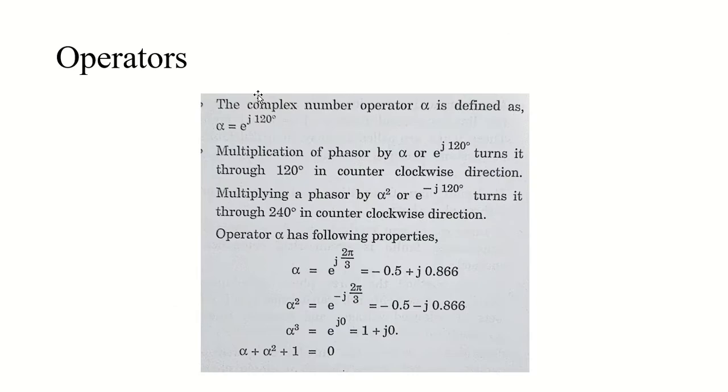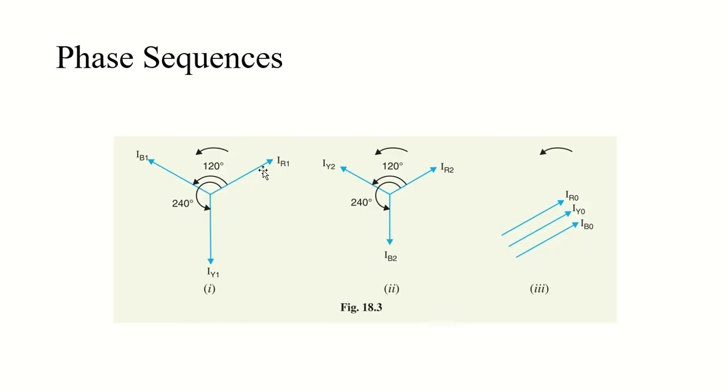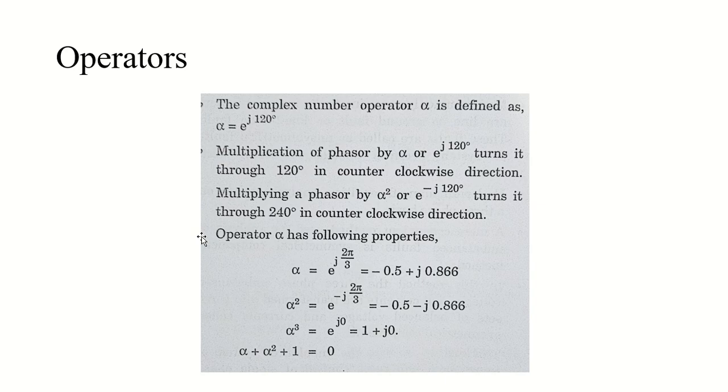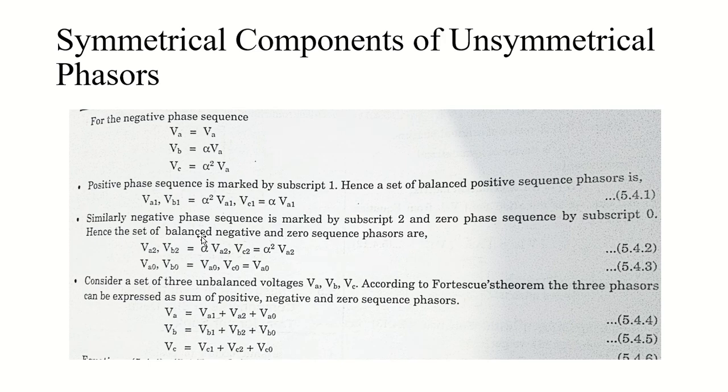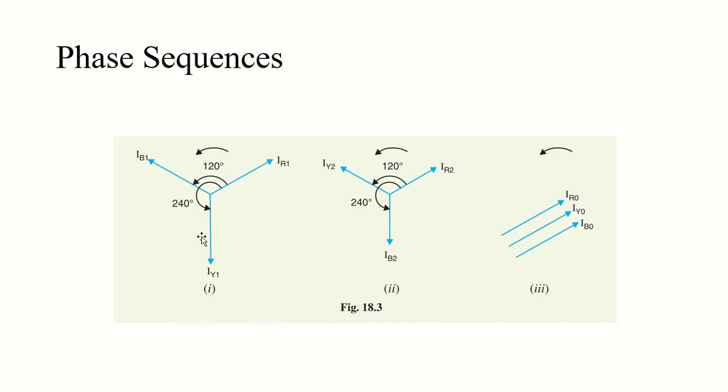Remember, if you are taking R Y B, they said positive sequence, so between R and B it is 120 degrees, but between R and Y it is 240 degrees. I'm showing it again to you.